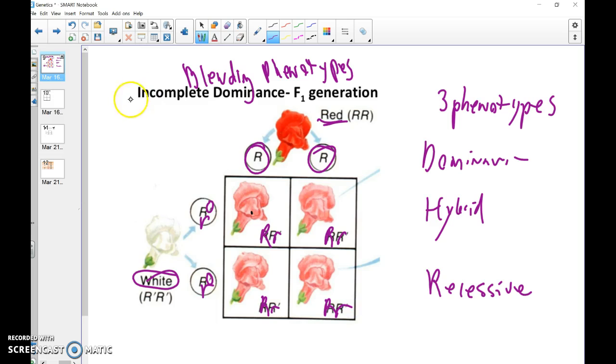But because this is incomplete dominance, in this case, heterozygous is a new phenotype that is a blending of the other two. And in this case, that blending appears to be pink. So that's incomplete dominance, where you end up with a third phenotype that's actually a blending of the original dominant and recessive phenotype.